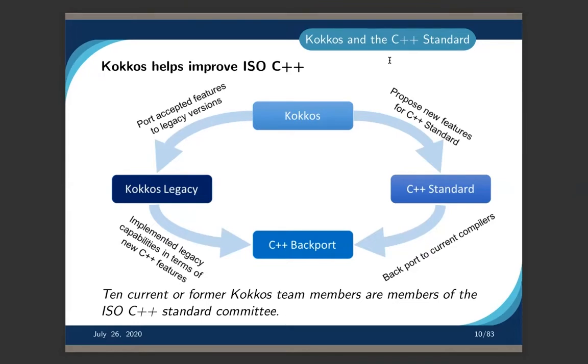What we then do, and we're actively doing that right now, is we backport accepted capabilities to current compilers, and we make the Kokkos API, which usually is going to be a bit different than what actually got accepted in the C++ standard later, just a thin wrapper around that. We are doing that, for example, with our main data structure right now, the Kokkos view, which I'm going to talk about a bit later, and that is now going to be replaced by MDSpan.